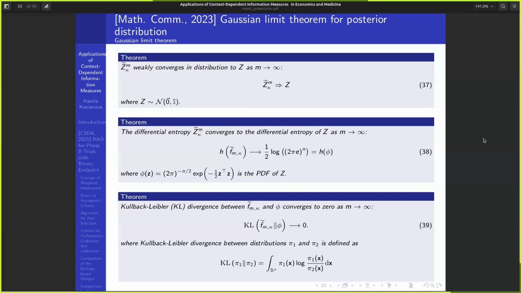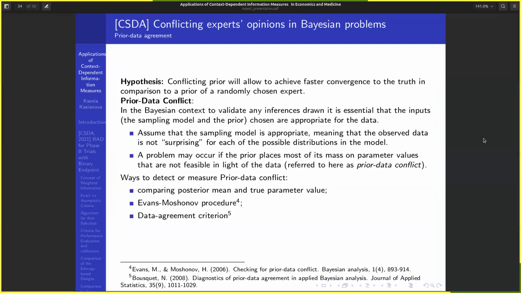These are the mathematical results, and we are planning to apply them to the problem of prior data conflict. And in this case, first we need to define the prior data conflict. It can be referred to as a problem that occurs when the prior places most of its mass on parameter values that are not feasible in the light of the data. And this prior data conflict was already discussed in the papers of Evans and Moshonov and the papers of Bousquet.